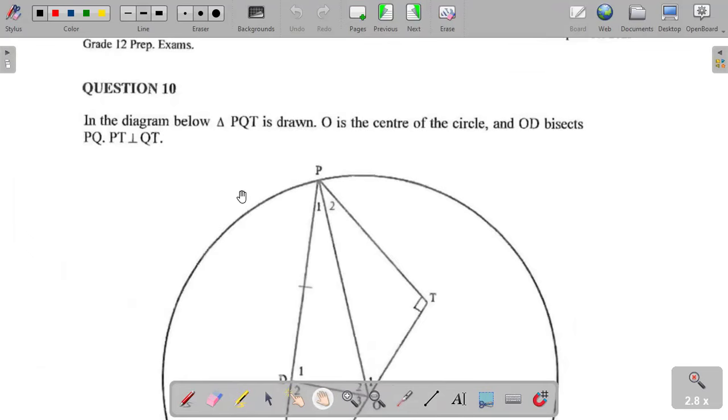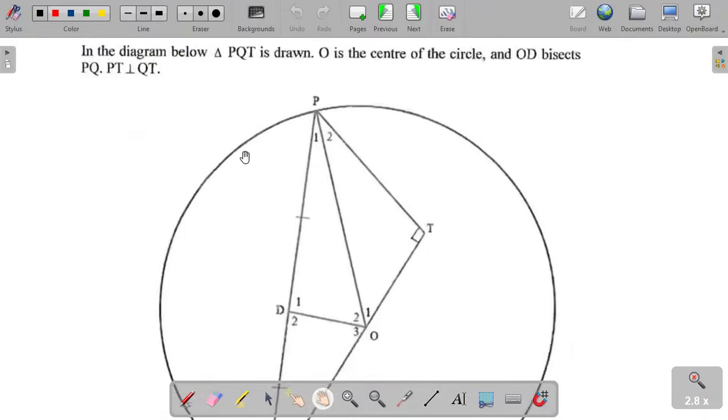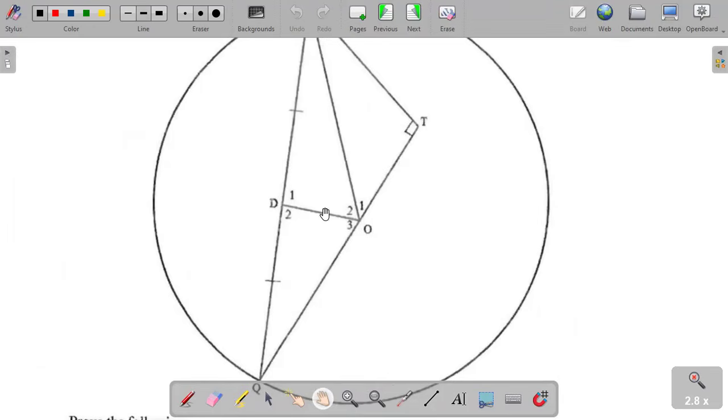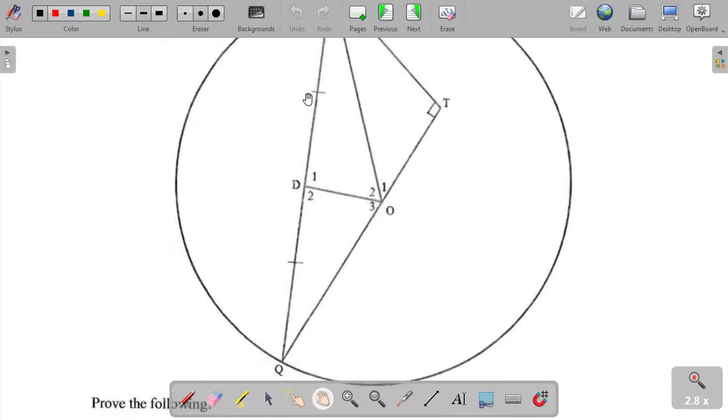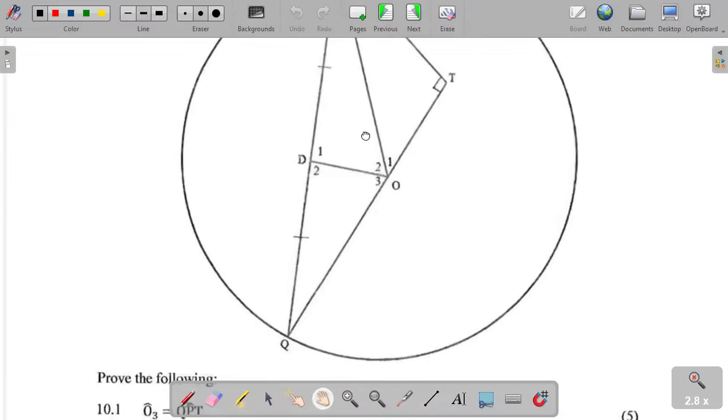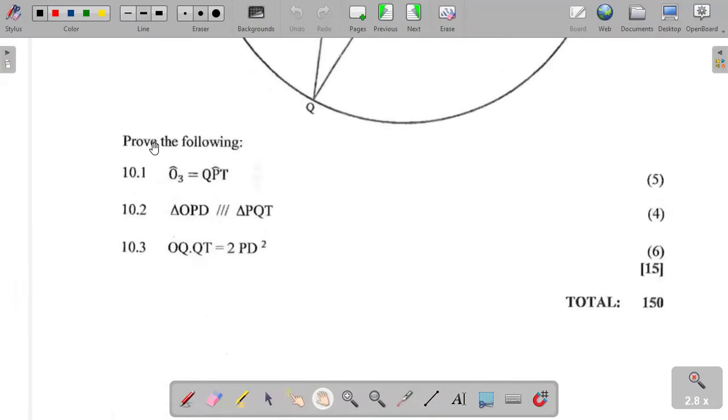And then OD bisects PQ, so the two sides are equal. Prove the following: angle O3 equals QPT.